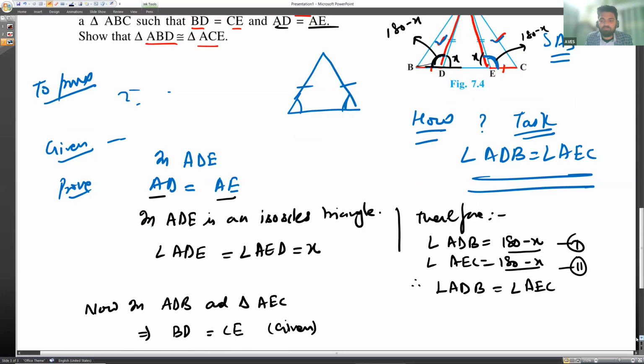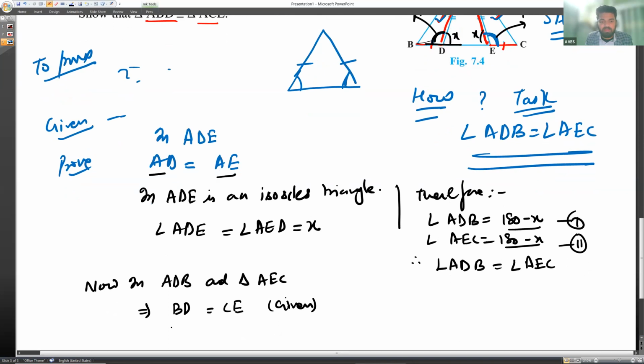So write down here, AD is equal to AE, and angle ADB is equal to angle AEC, they are equal.